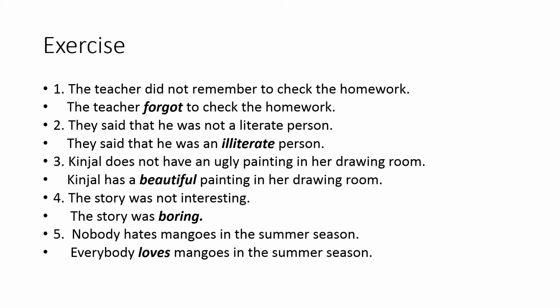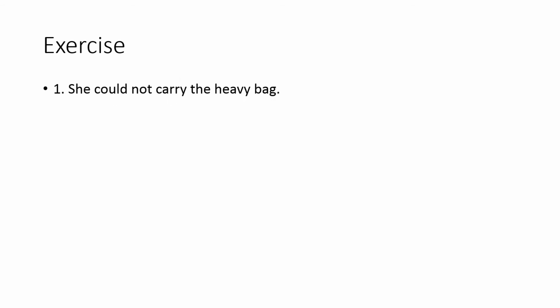But when it doesn't change into its opposite form, there is that set of words which I already told in the previous slide: hardly, refuse to, unable to, fail to. Now we will see those sentences. The first sentence, she could not carry the heavy bag. Remember children, whenever you get can or could, it is used for ability.